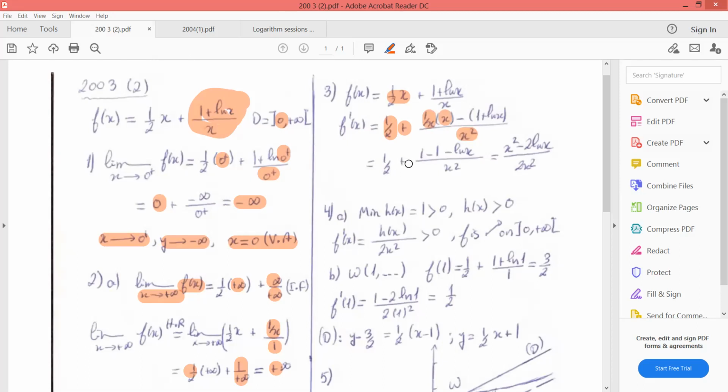It becomes half plus 1 over x times x is 1, minus 1 minus ln x over x squared. 1 and minus 1 is 0.